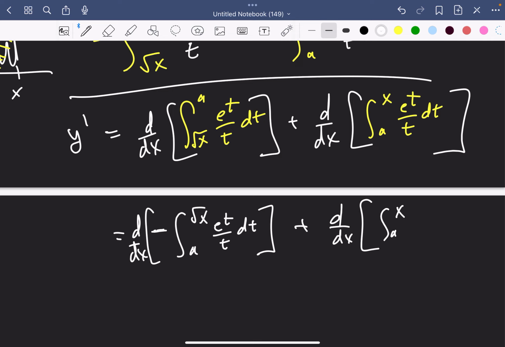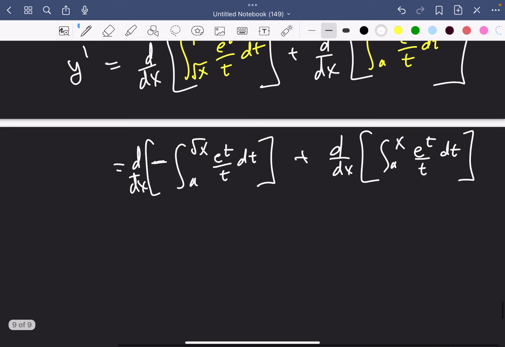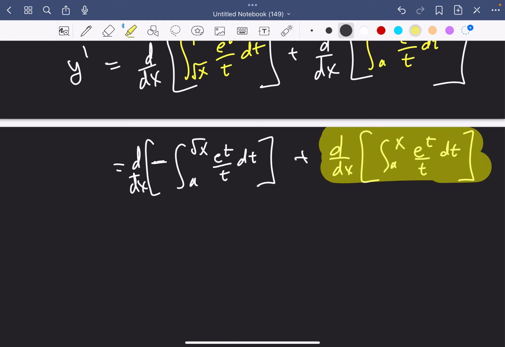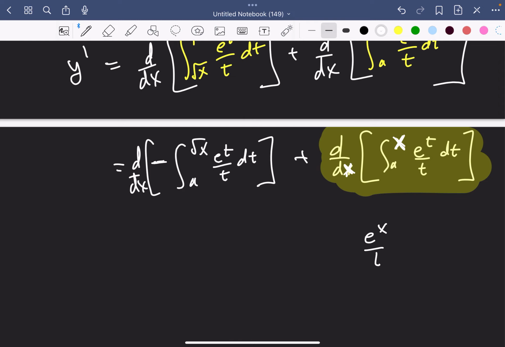So now, finally, after all that work changing form, I think I'm ready to go. So the easier one of the two is this one, so I'll do it first. Notice how this x and this x are going to cancel each other out nicely. So I'm going to get e to the x over x when I take the derivative of an integral. And then over here, I'm taking the derivative, but there's a negative out front.